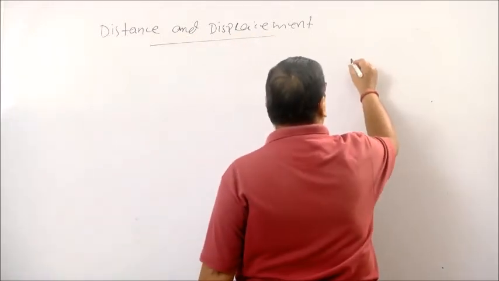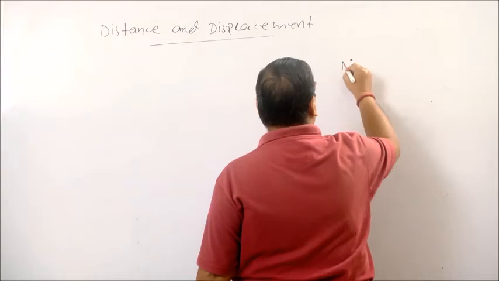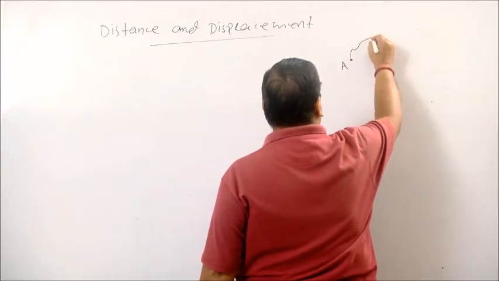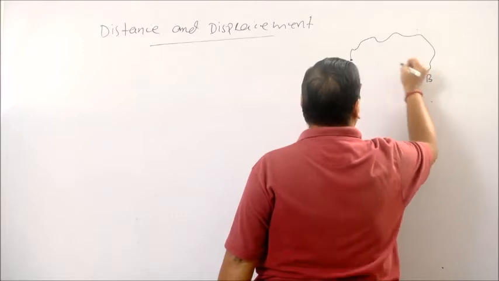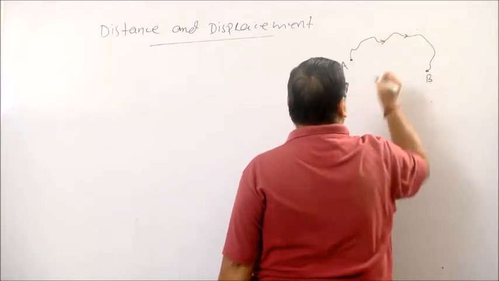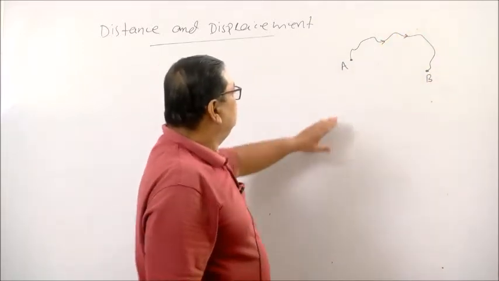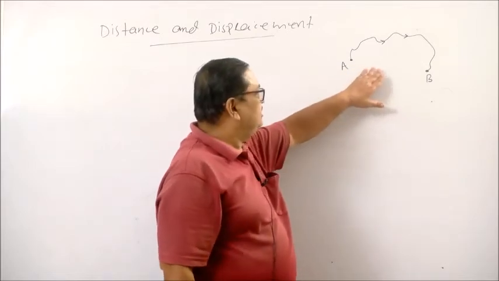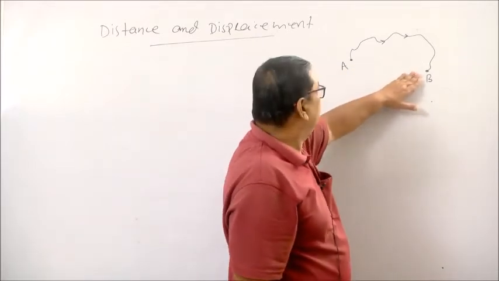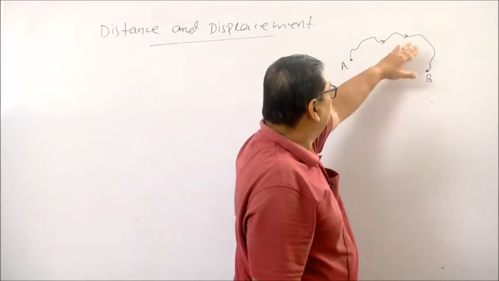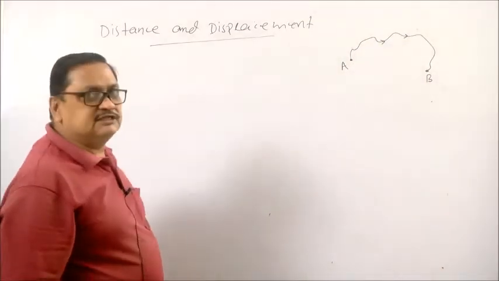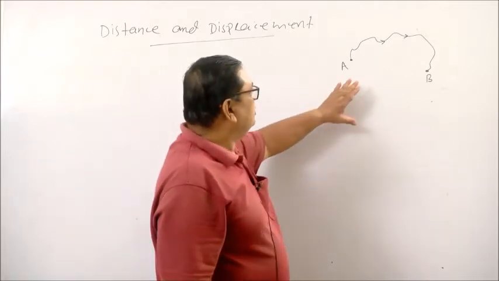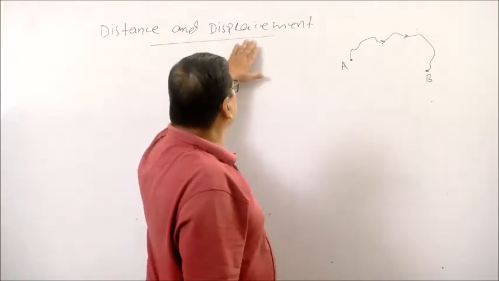Suppose a body is starting from the point A and moving in this path, and it is coming to point B in this path. That means its initial point, starting point is A and final point is B. The body is moving from A to B in this path. So, which is distance and which is displacement?